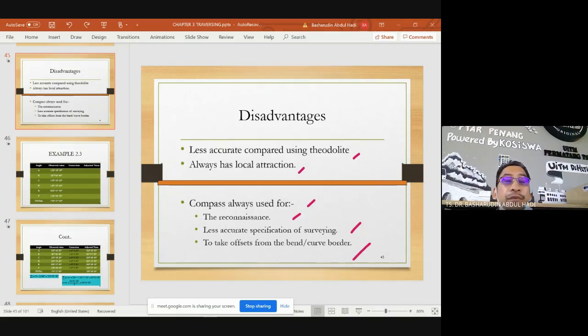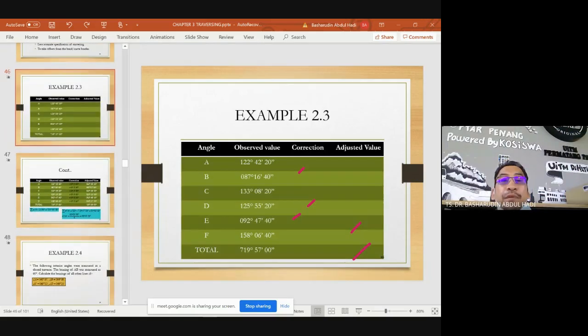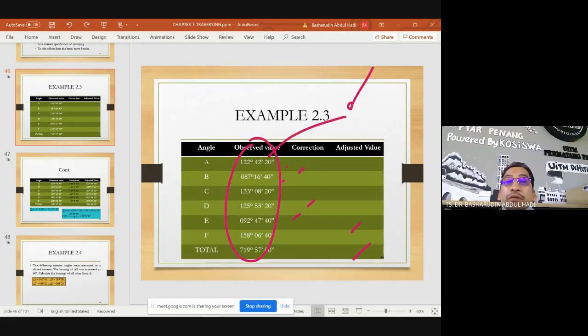Okay, so there is an example where you observe the values from the side. Station A, you get this value. Station B, you get this value. Remember that this one is station A, going to station B, and so on up to the last one, F. So there is what we call sudut dalam, the included angle.